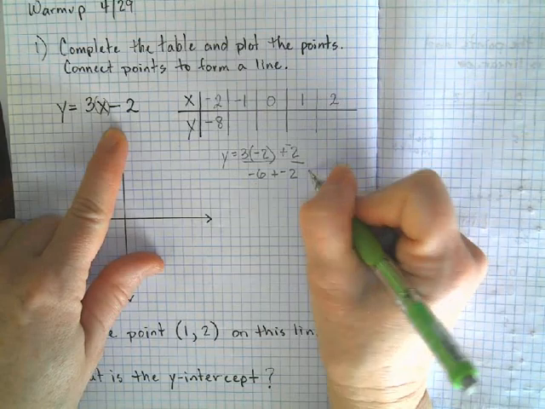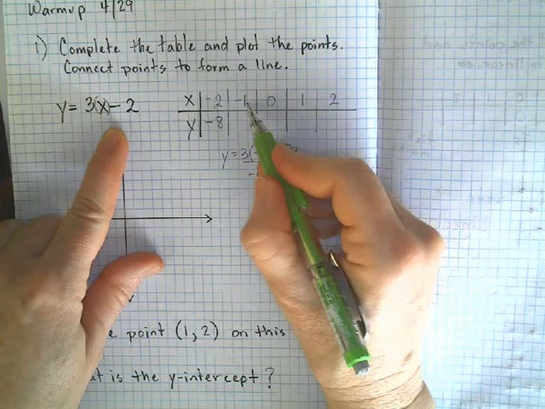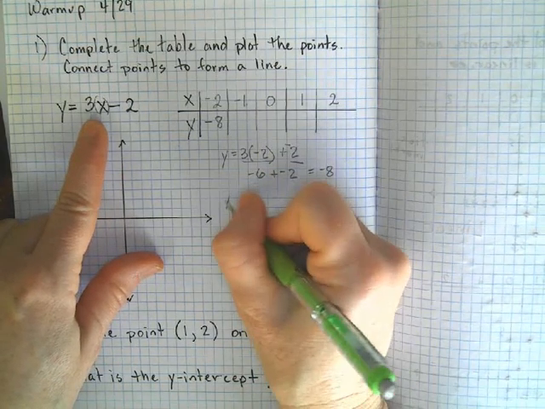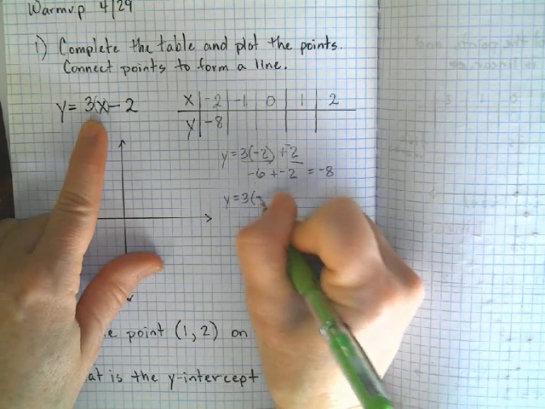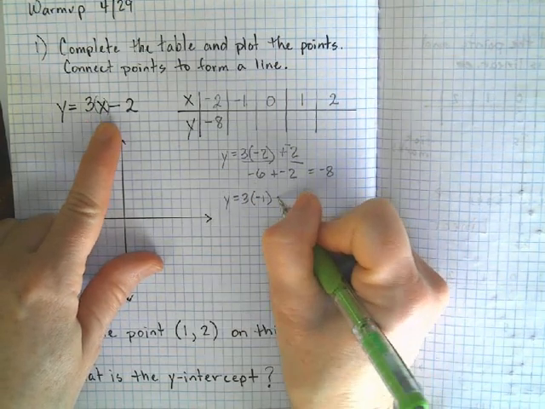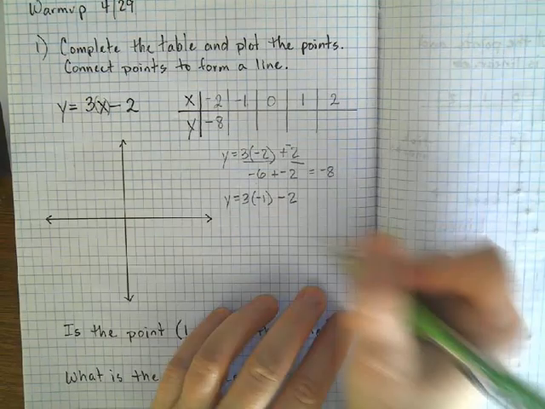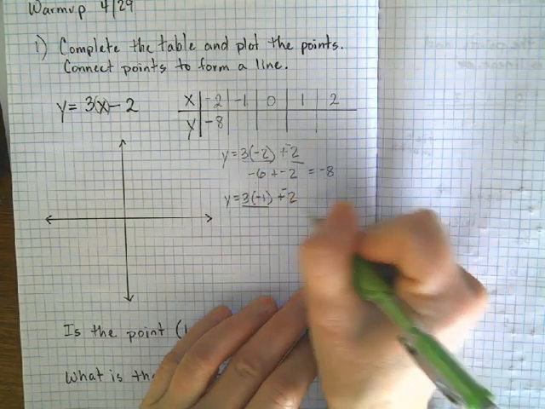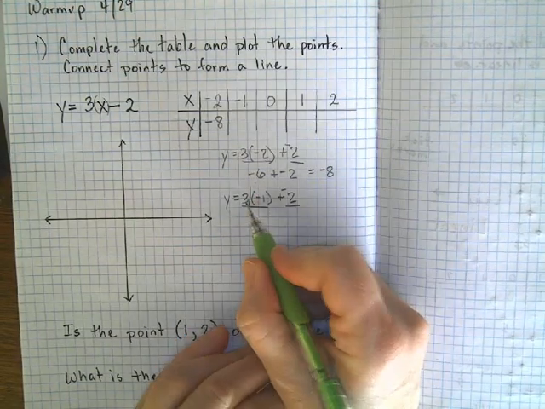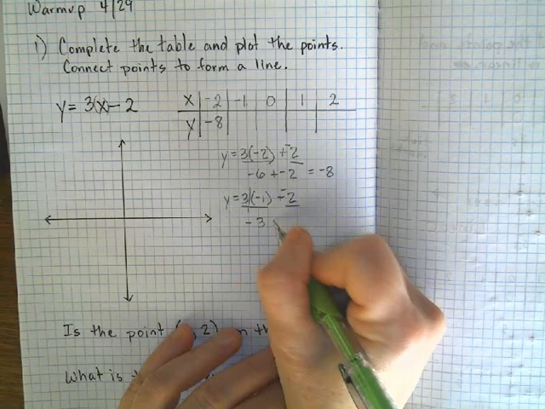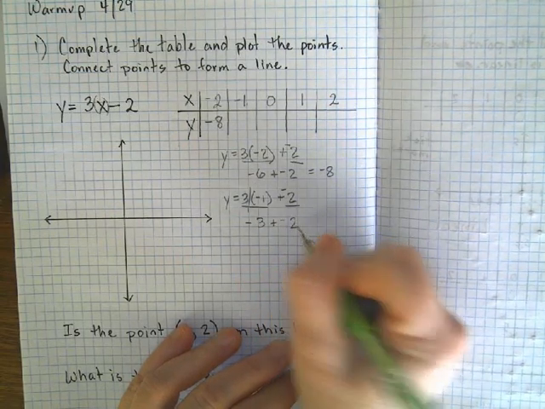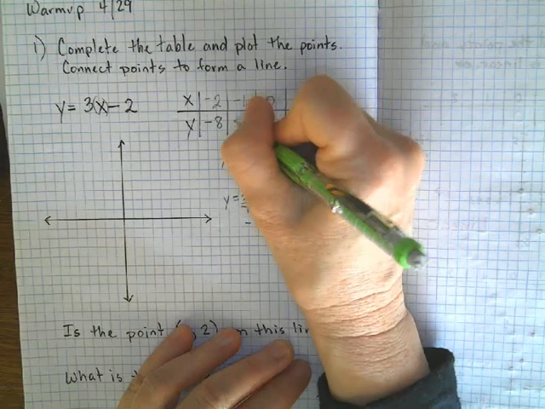Okay. The next one, I'm going to put in -1 for x. So y equals 3 times -1 minus 2. I'm going to rewrite it and parse. 3 times -1 is -3. -3 plus -2 is -5.